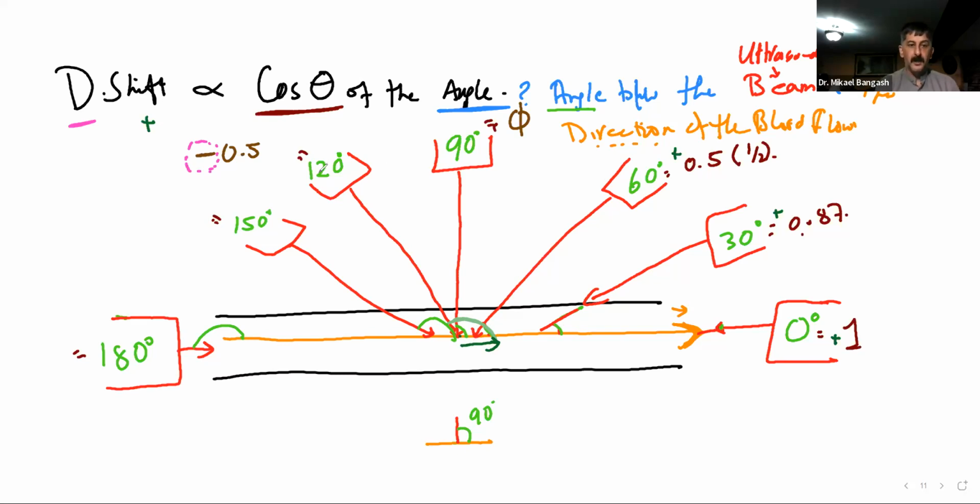So if 120 has the same cosine theta value as 60, just negative, then you can say the cosine theta value of 150 degrees is going to be 0.87 negative. Did that make sense?